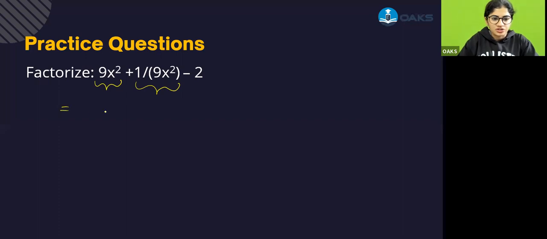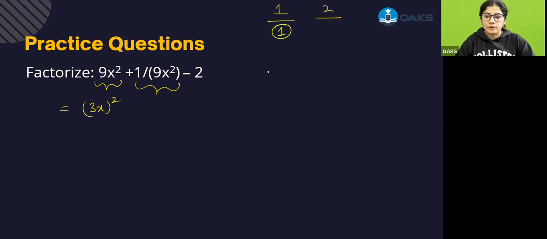So let's rearrange this. Now the first term is this 3x whole square. So you all will remember the points. Okay, school 1, school 2, 1 point given to school 1. When I'll be asking you, kindly tell me. Now the first term I can write this as 3x whole square. Is that correct, everyone? Yes.